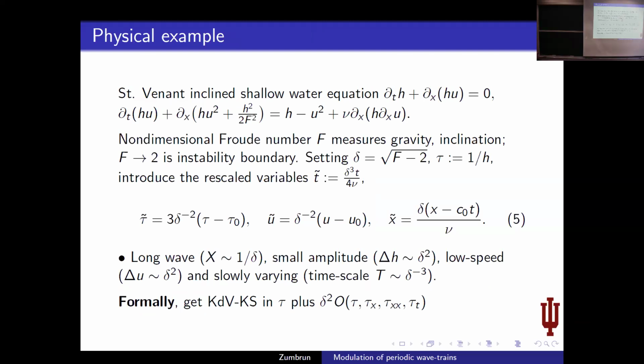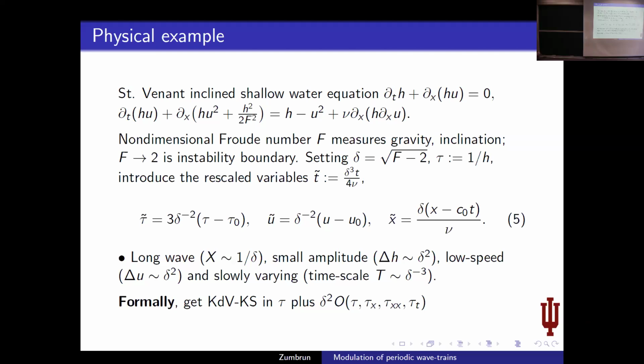Okay, here I've written it in Euler form. H is the height of the fluid. It's a little more clear what's going on. U is the velocity of the fluid. F is a non-dimensional Froude number. It's kind of measuring this inclination. And it looks like, yeah, it exactly looks like a gamma-law gas with gamma equals 2, which would be non-physical.